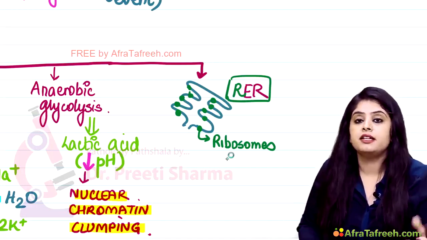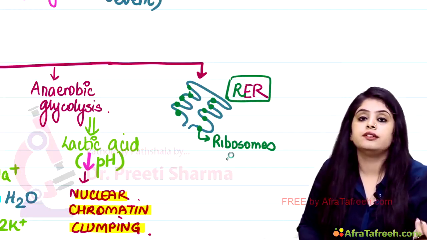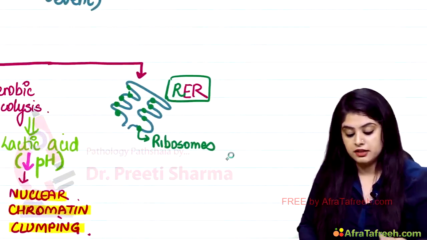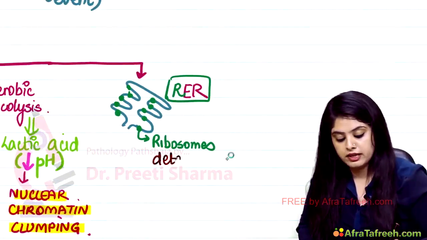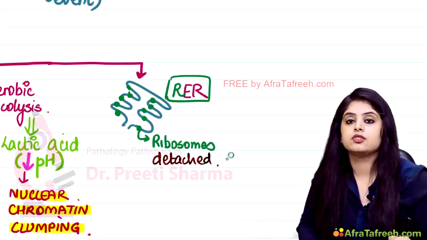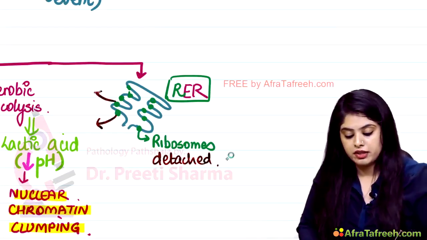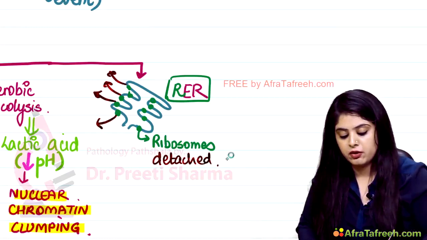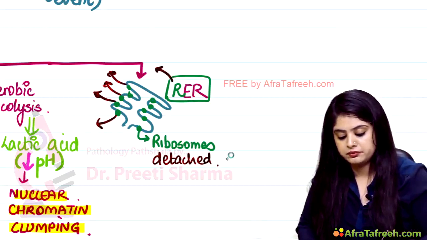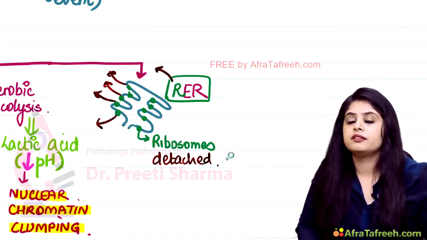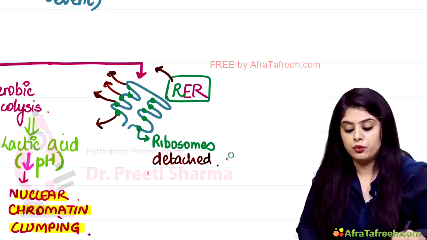What happens when injury starts and oxygen decreases and ATP decreases? The ribosomes get detached. Now, if the ribosomes detach from the endoplasmic reticulum, will protein synthesis occur? No, you're right.